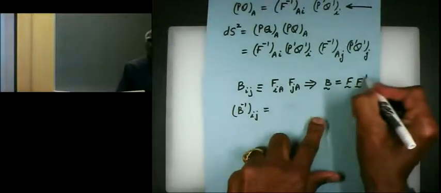If you want to multiply these two, the summed index must appear next to each other. If you go from left to right or right to left, you should see AA, not AJA. So how can I make it AA? Transpose. So I transpose the second one. So B is F F transpose.